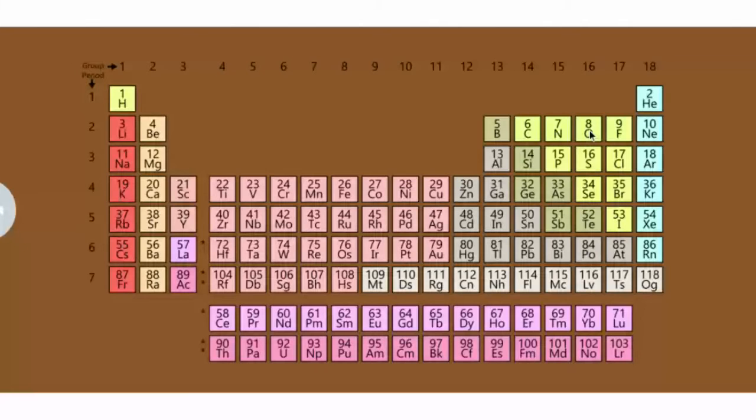They all have a formula with 2 hydrogens. Nitrogen, phosphorus, arsenic, what's similar? They all have a formula with 3 hydrogens, NH3, PH3, AsH3. Carbon, silicon, germanium, all like to combine with 4.